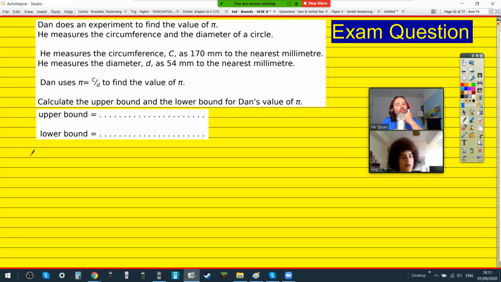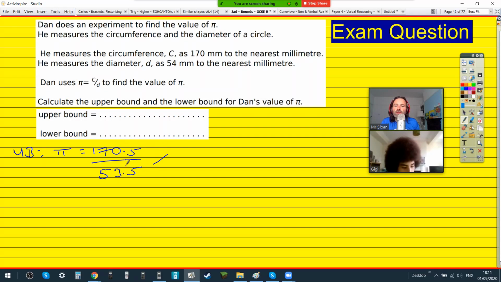So the upper bound would be 170.5 over 53.5. Yeah. And then the lower bound will be the other way around.